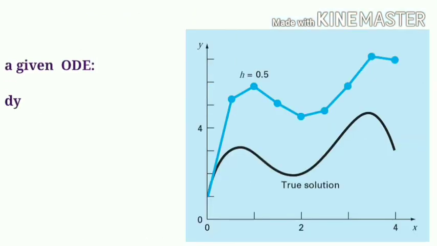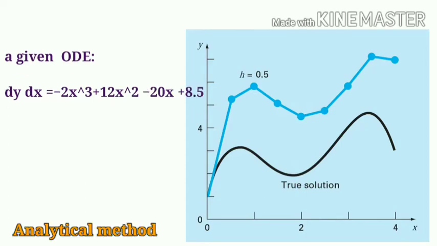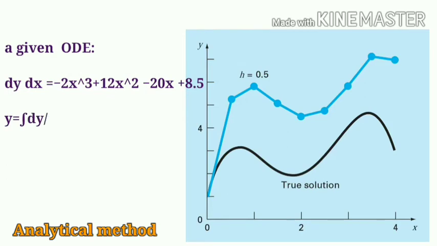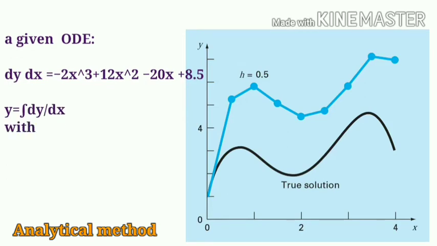If an ordinary differential equation is given, dy by dx is equal to minus 2x cube plus 12x square minus 20x plus 8.5, and we need to find out the variation, that is y.